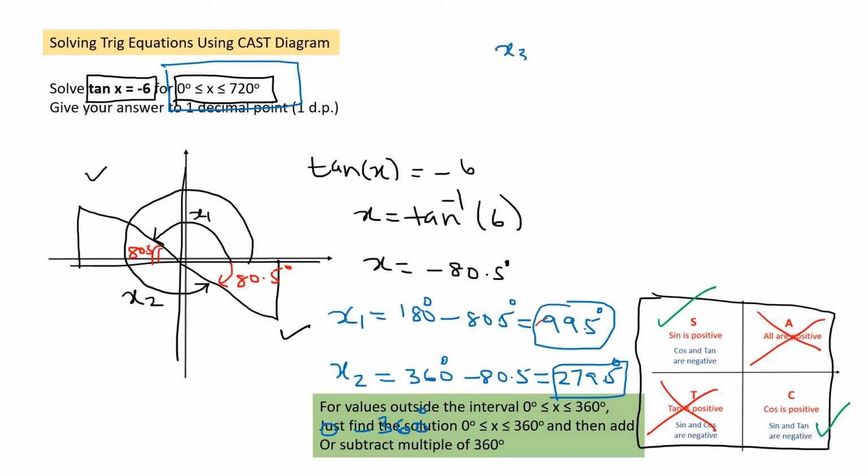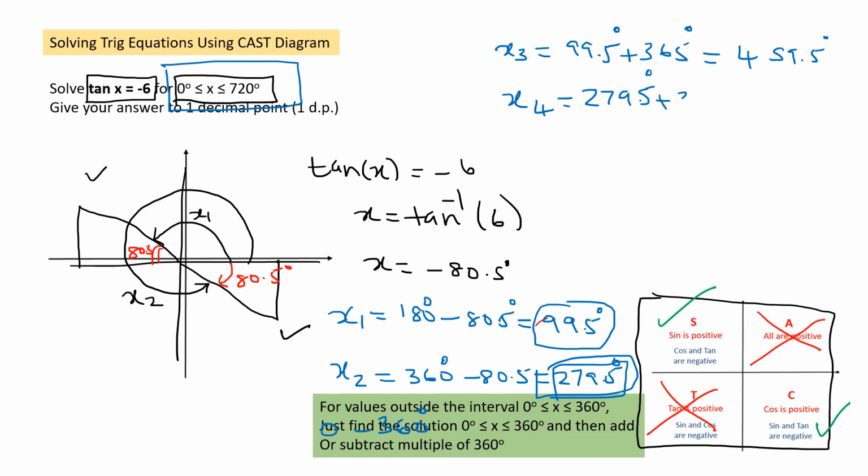So the third solution would be 99.5 degrees plus 360, that will give you 459.5 degrees. And the fourth one would be 279.5 degrees plus 360, that would give you 639.5 degrees, and all the answers are accurate to 1 decimal place.